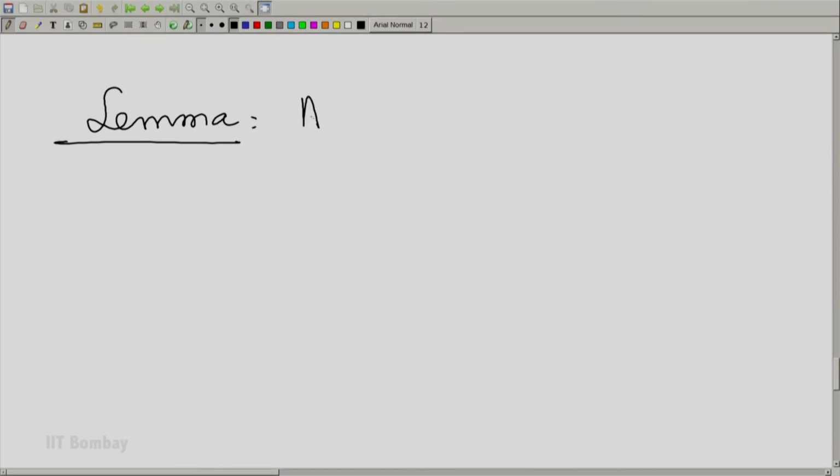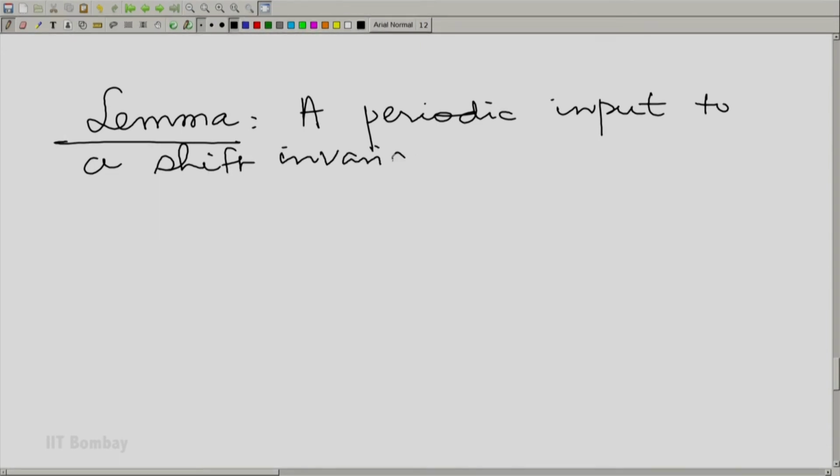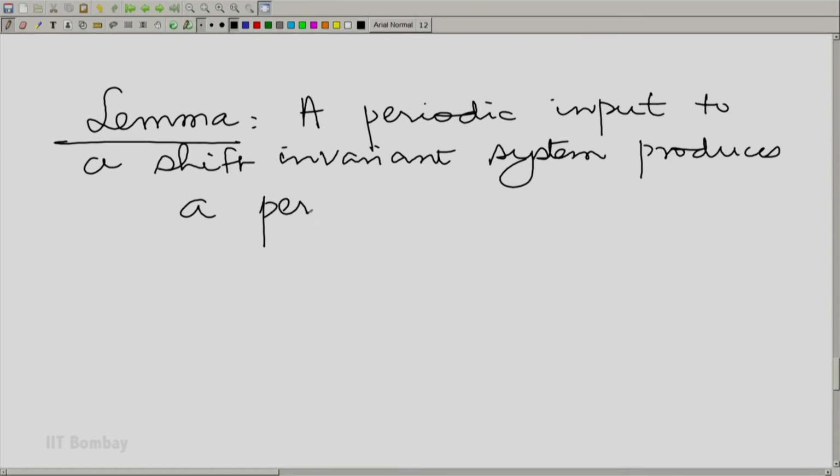Now, let me complete one little detail here. I shall show you that if a periodic input goes into a shift invariant system, the output has no choice but to be periodic. Let us prove that. It is a simple proof and we can do it in a couple of minutes. Lemma: a periodic input to a shift invariant system, we do not even need linearity, produces a periodic output.